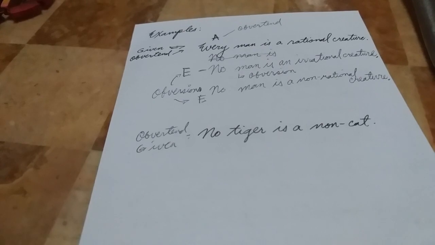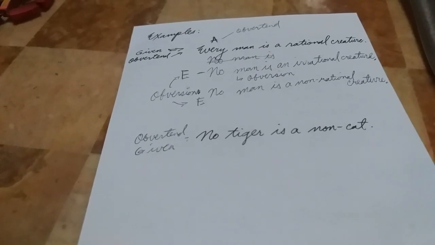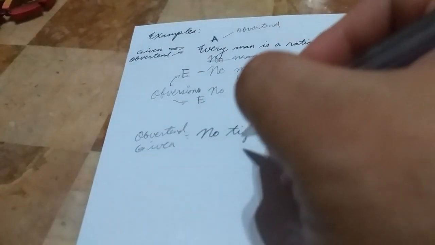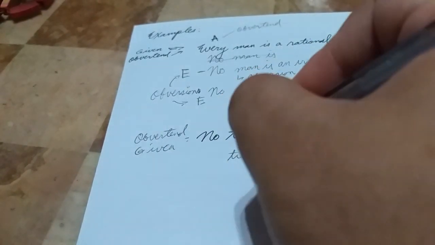So simple. What's the first step again? Number one is to retain the subject. So retain the subject, tiger.